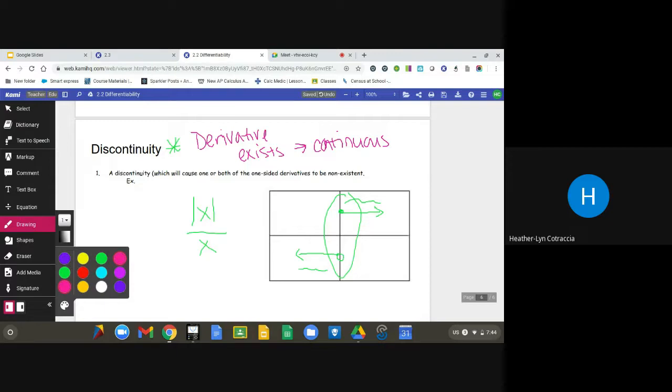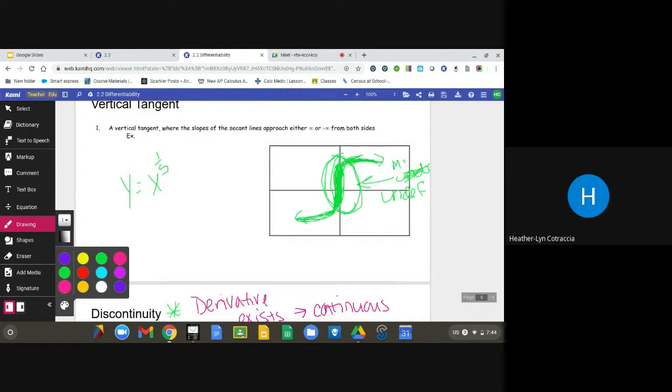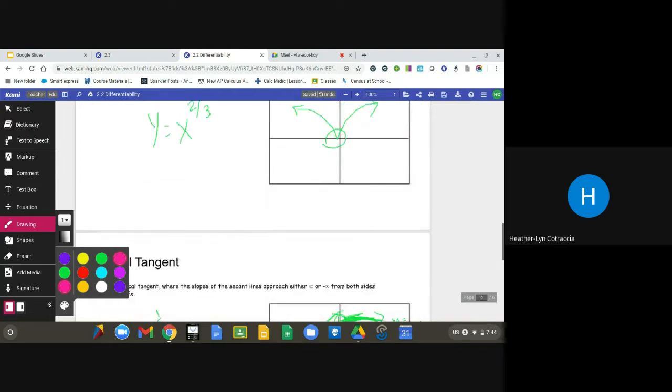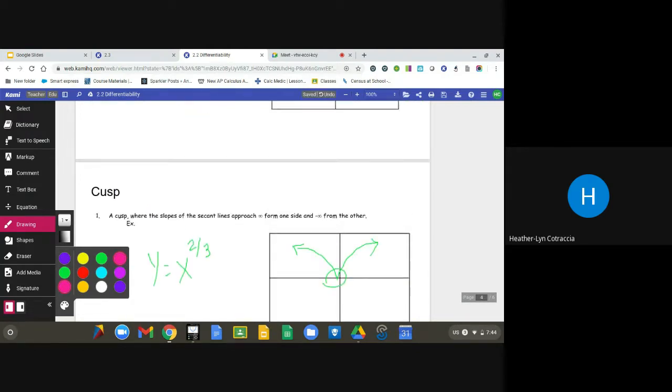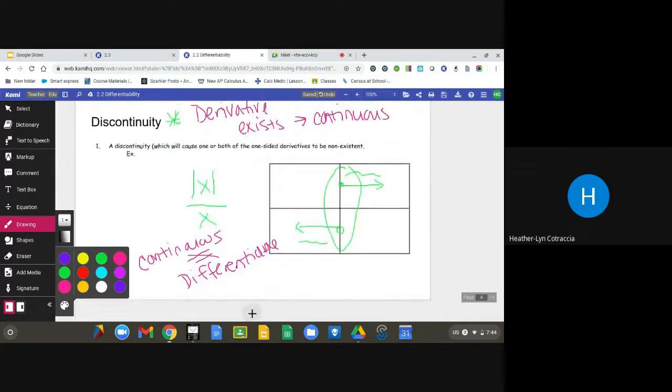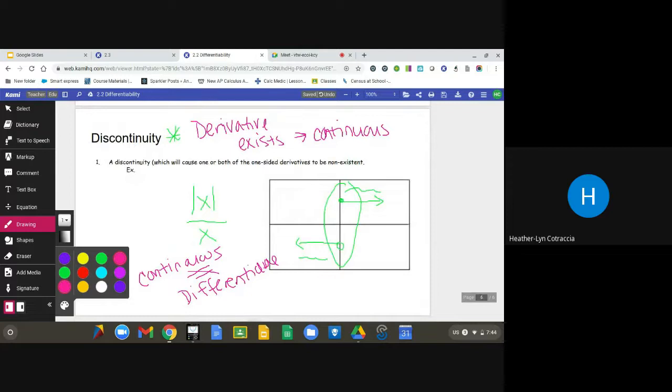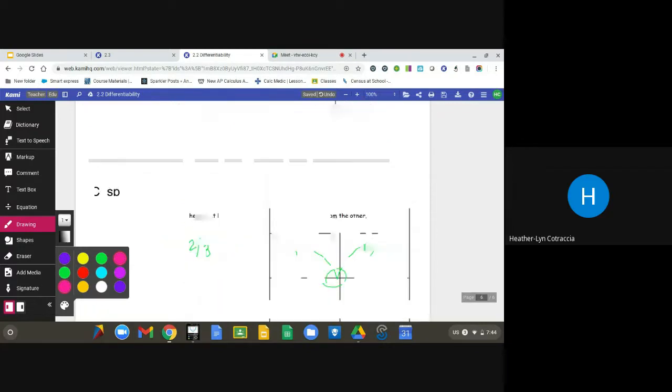So if they tell you that it's continuous, that does not imply that it is differentiable. And for all the reasons that I just gave you from above, right? That's a continuous function, but it's not differentiable. That's continuous, not differentiable. That's continuous, not differentiable. But if they tell you that the derivative exists, you must have continuity, and that could be useful later on.